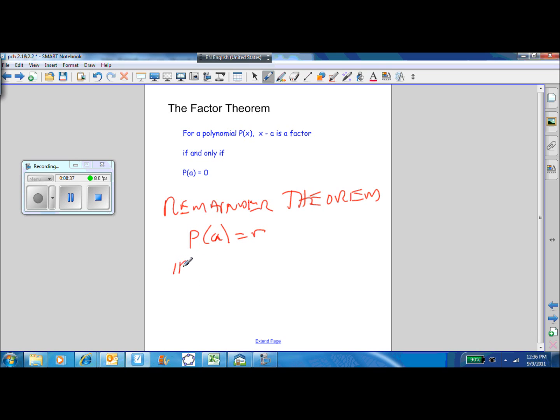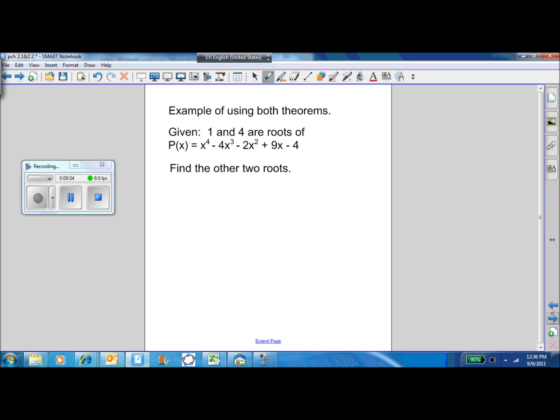Well, if x minus a is a factor, that means x equals a is a root. If you got a factor or root, the remainder should be 0, so therefore p of a will equal 0. There's no remainder, because x minus a factors in exactly.